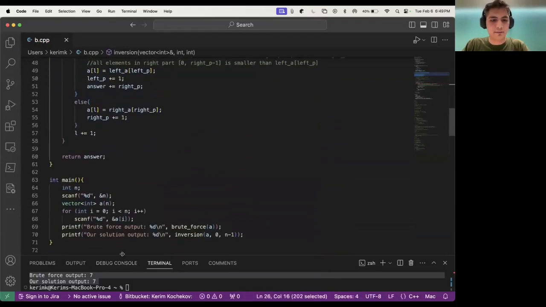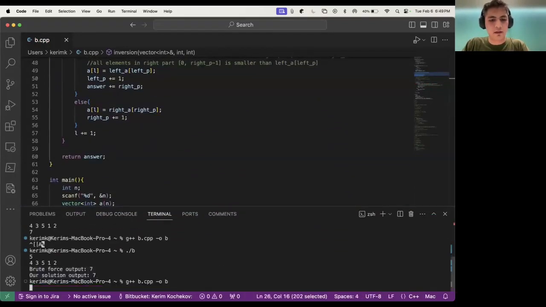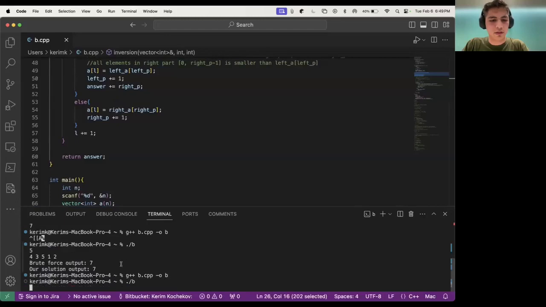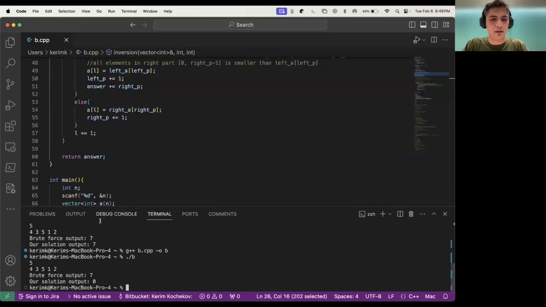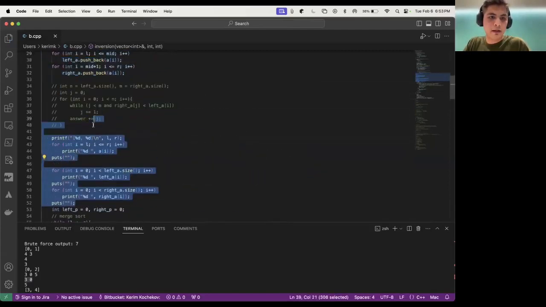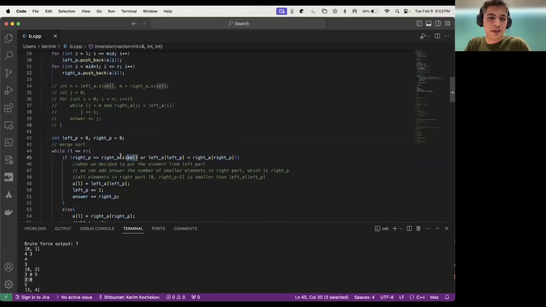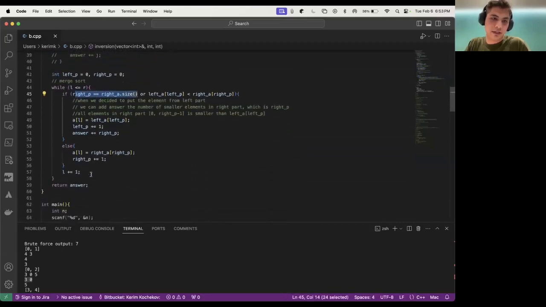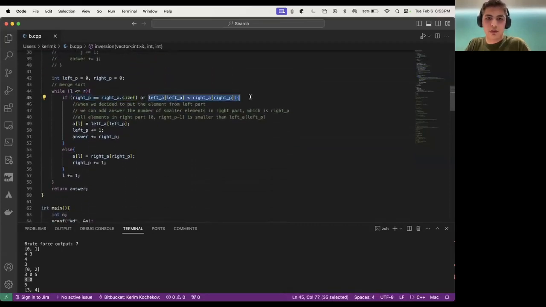And let's see whether we have the same answer. Oh, 0. It should be either the end of the right part does not exist or we just compare it.